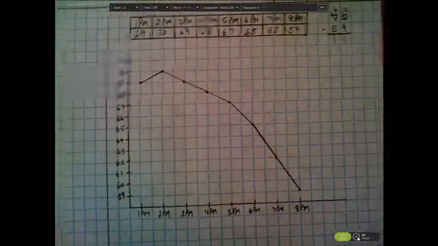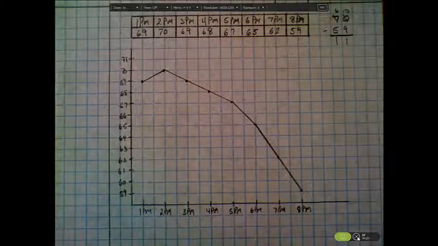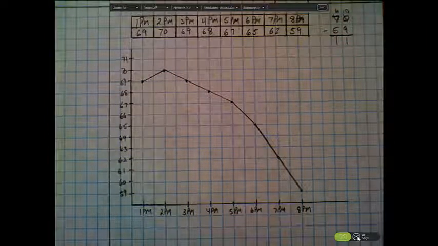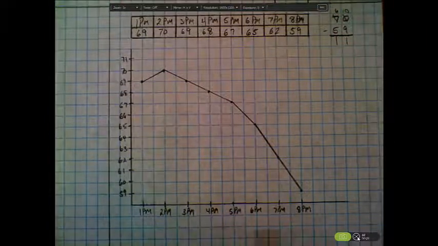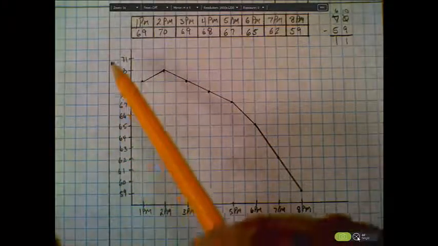And so this is our line graph. And then the last thing we have to do is give it a title, and we have to identify that we have time on the bottom, and then we have temperature on the side.